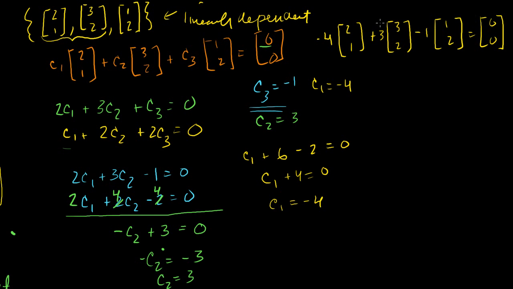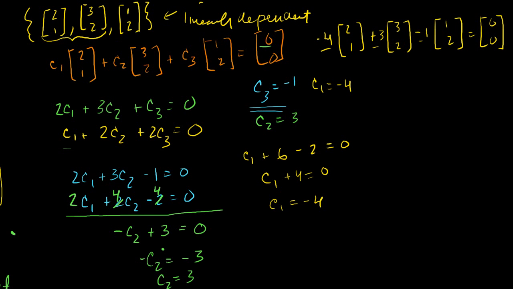That's -9 plus 9. That's 0. -4 times 1 is -4, plus 6, minus 2. -4 plus 6 minus 2, that's also 0. So we've just shown a linear combination of these vectors where none of the constants are 0, but all we had to show is that at least one of the constants had to be non-zero, and we actually showed all 3 of them were. But at least one of these had to be non-zero, and I was able to satisfy this equation. I was able to make them into the 0 vector.